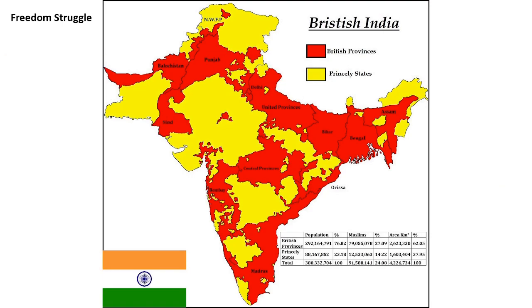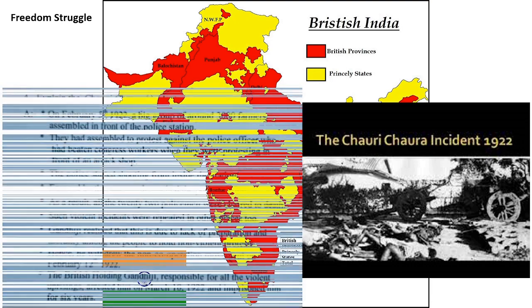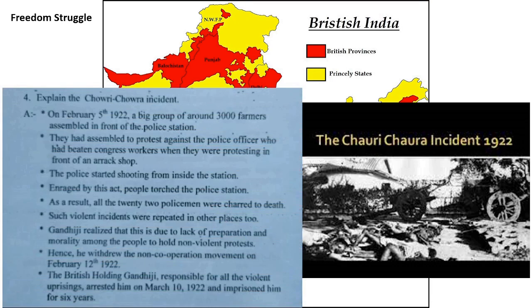But a heartbreaking incident happened in Chauri Chaura, Uttar Pradesh, where the non-violent protesters suddenly became violent and set ablaze a police station, killing 22 police personnel. After hearing the news, Gandhiji immediately withdrew the non-cooperation movement.